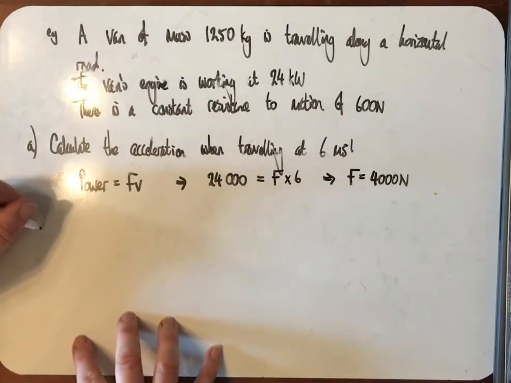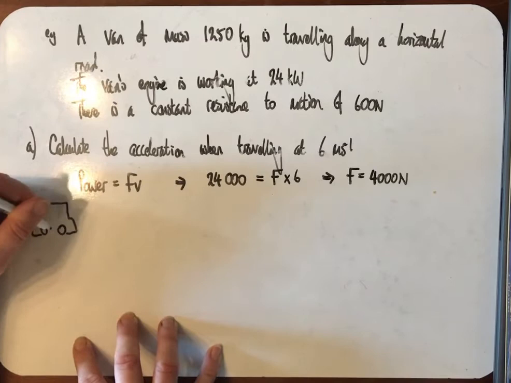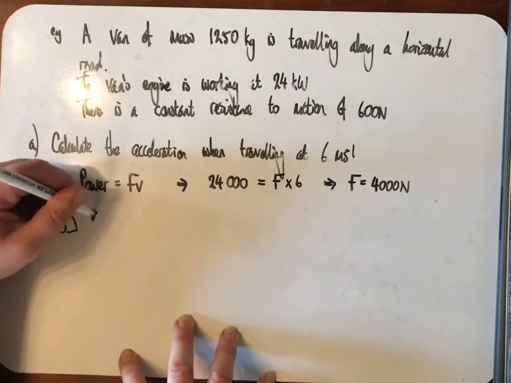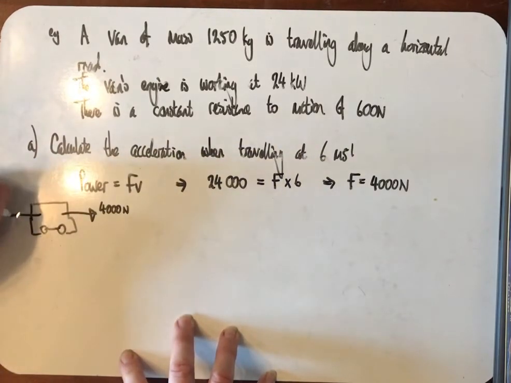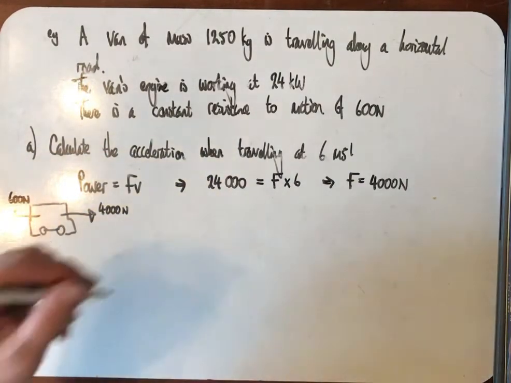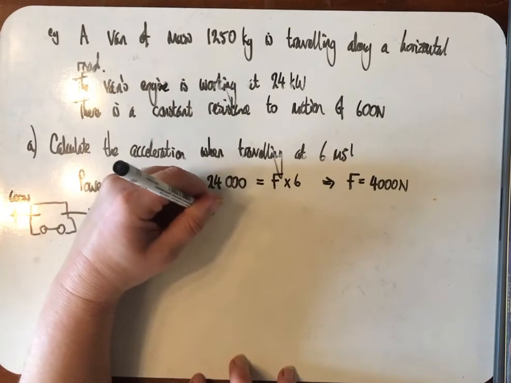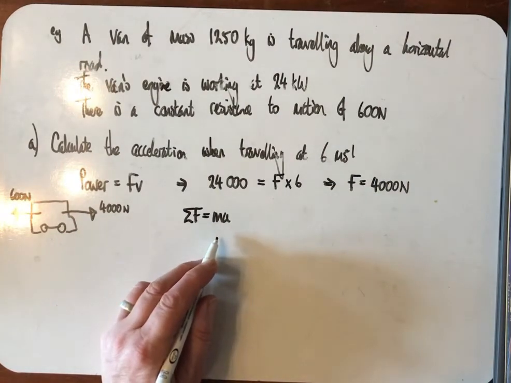So we've got the van. I'm not used to drawing trucks, they're normally cars. And we now know that we've got a driving force of 4,000 newtons and this resistive force of 600 newtons. And so to find the acceleration, we can use F equals ma. So resultant force equals mass times acceleration.